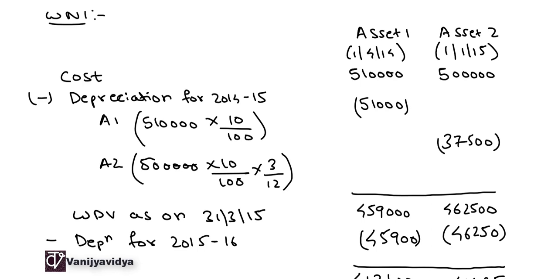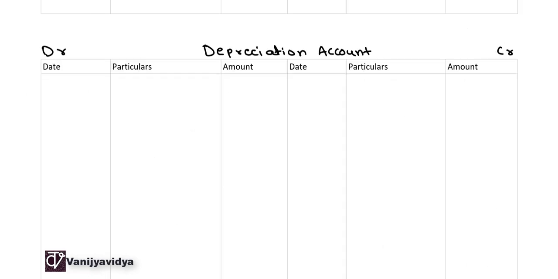So for the year 2014-15, the amount of depreciation is 51,000 plus 37,500. That comes to 88,500. So let's record this entry for depreciation. So depreciation account on debit side, 31st March 2015. Entry will be depreciation account debit to asset account. So to asset account, amount is 88,500.